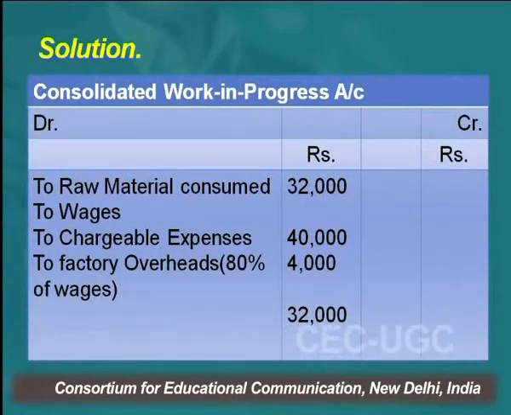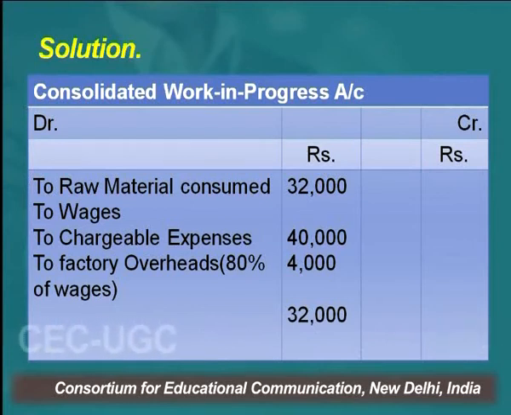Raw material is given, chargeable expense is given as 40,000, and factory overheads are 80% of wages. Wages are 40,000, so 80% of 40,000 comes to 32,000 rupees.